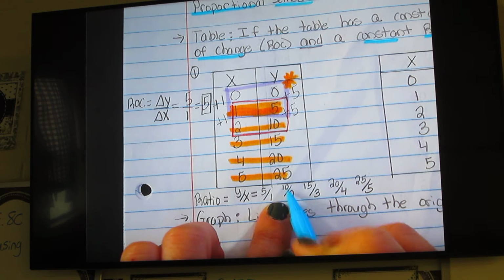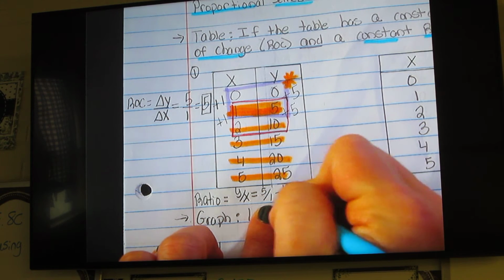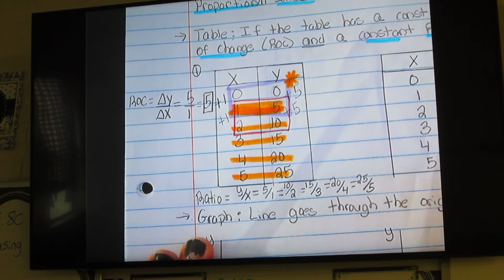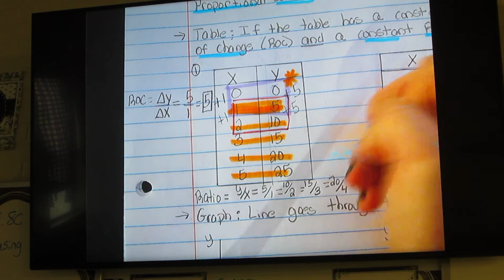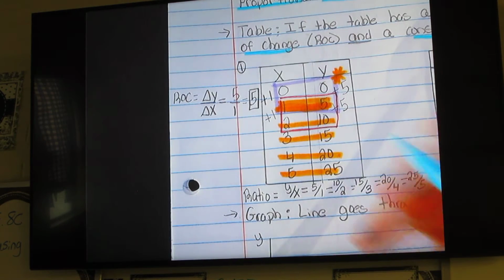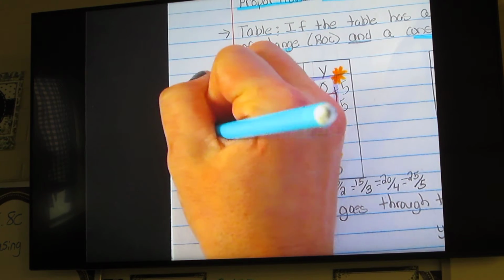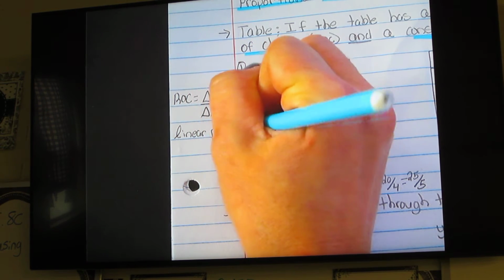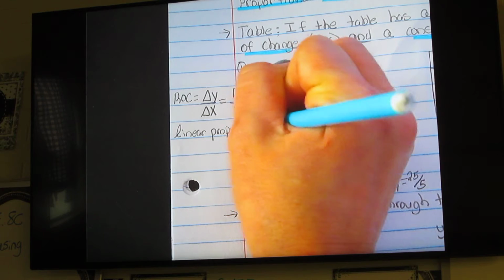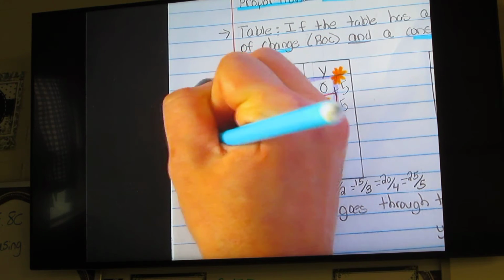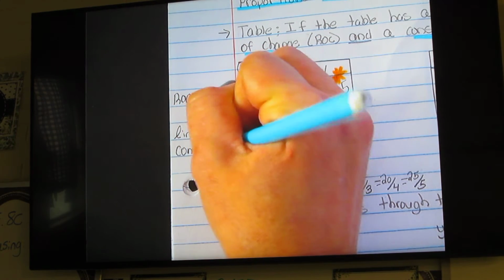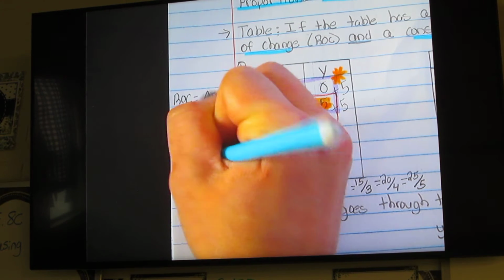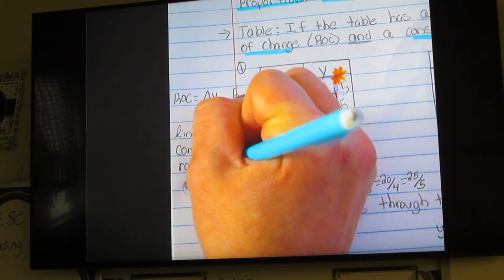If we divide these out, they all equal each other, and they all equal 5. So we can say in my answer that this is linear, proportional, comma, constant ROC and ratio is 5.